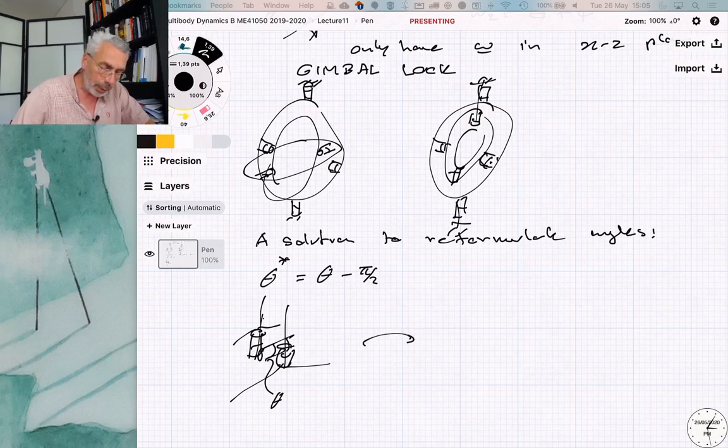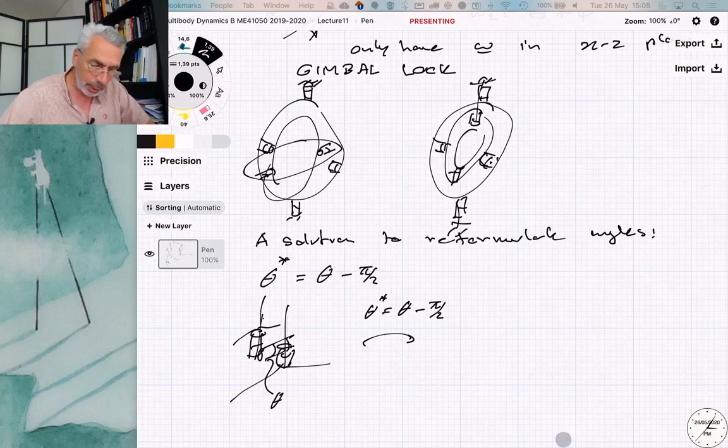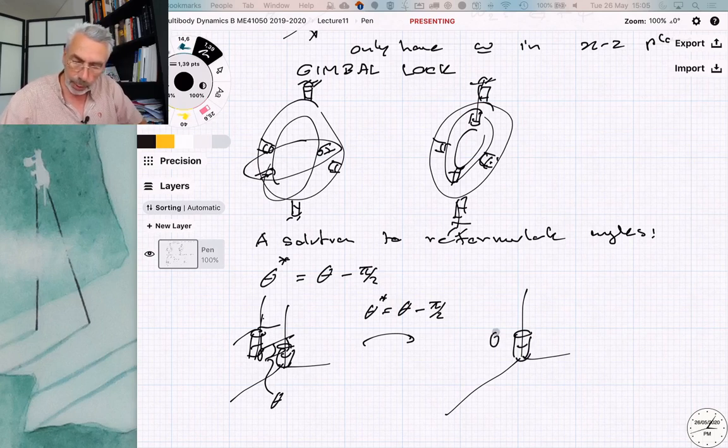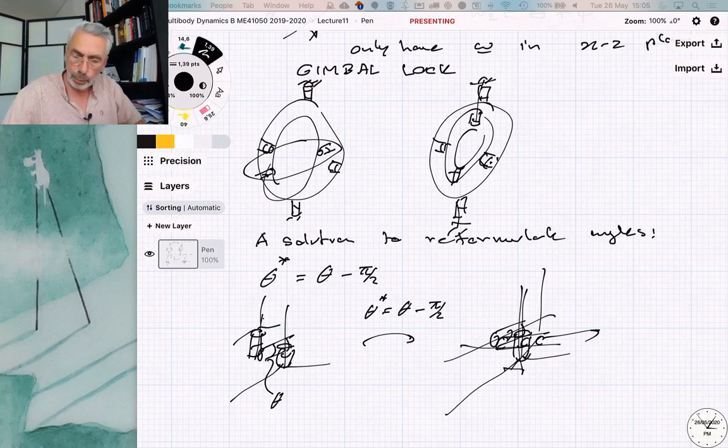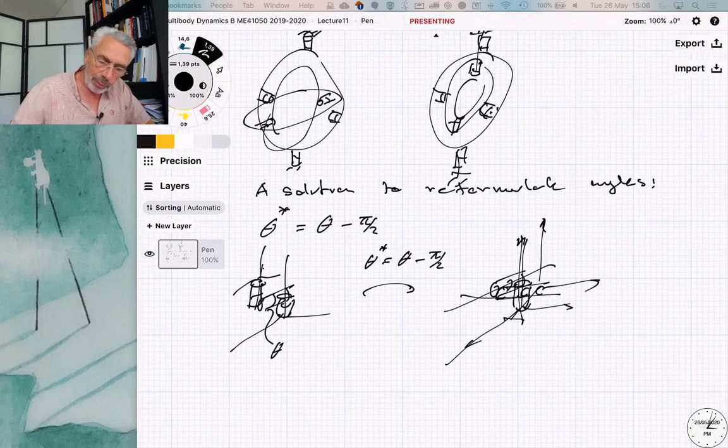I just subtract, I go to a theta star, theta minus pi over 2, 90 degrees, meaning I change this into a system like this. This remains the same. And now I rotate that guy 90 degrees, and suddenly everything is perfectly in order, because I have 3 directions which are not mutually aligned. But a disadvantage of this is non-continuity.